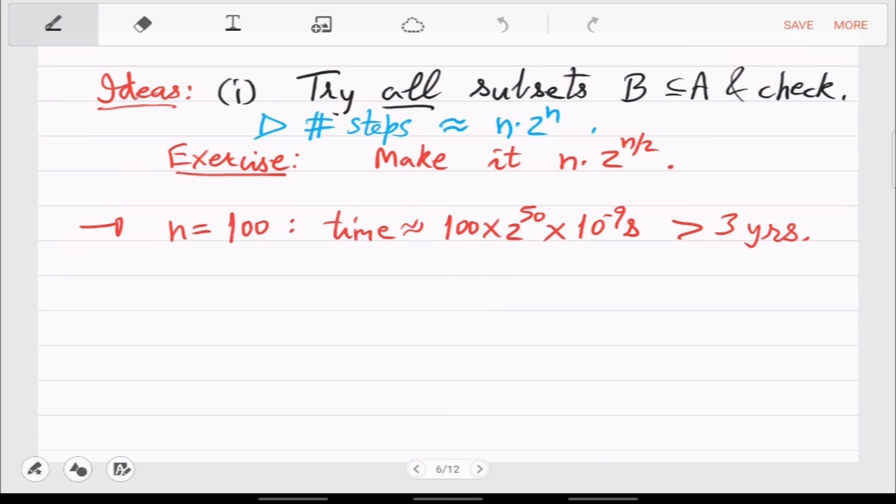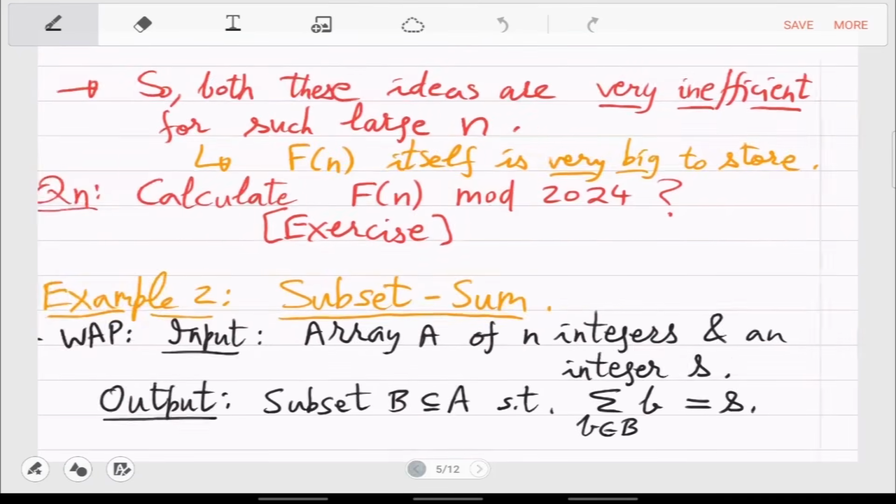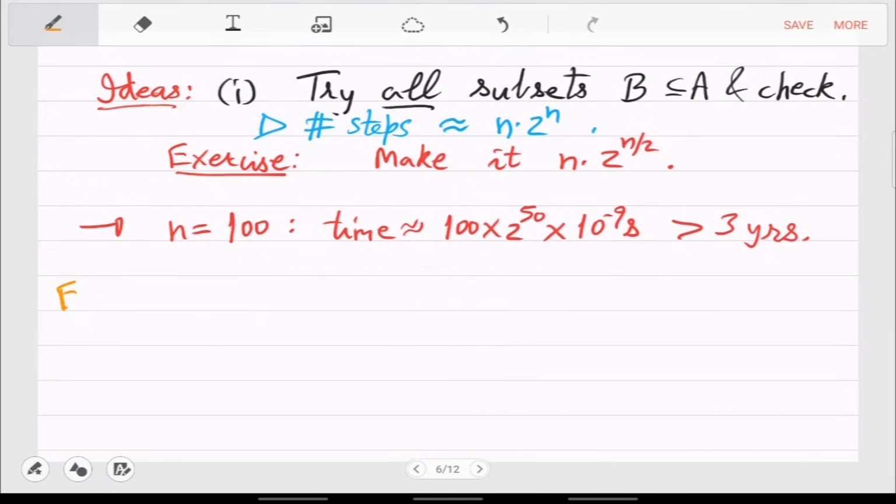So now we can look at another problem, which is example 3, which is of a different type. So this is the problem of sorting. Right, so the question here is, you already know.